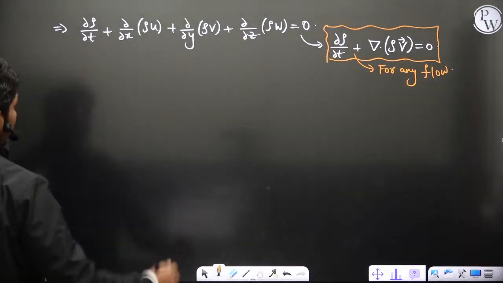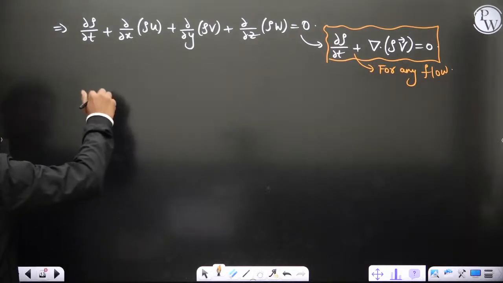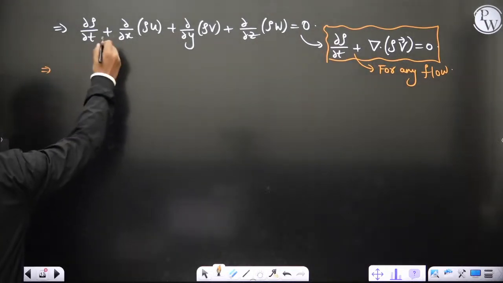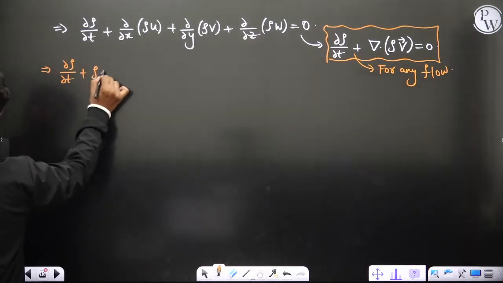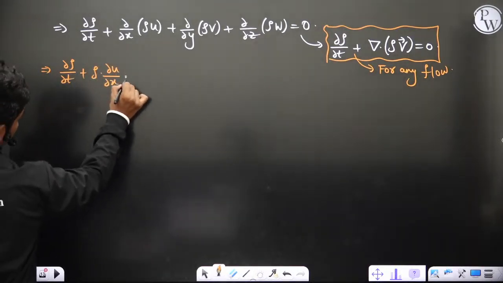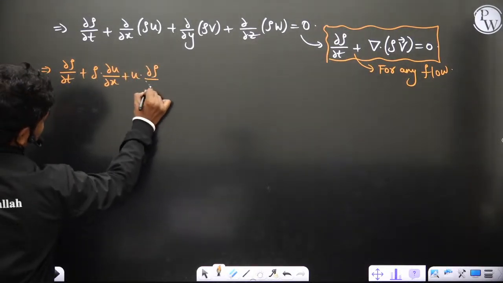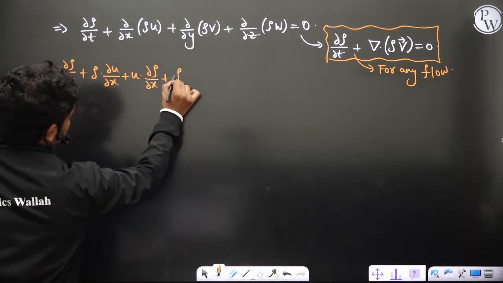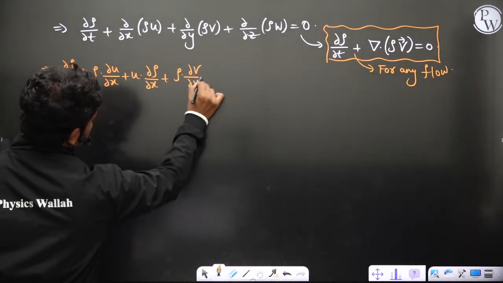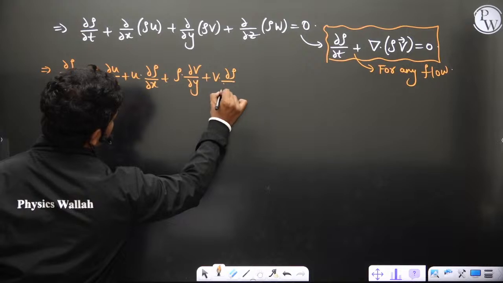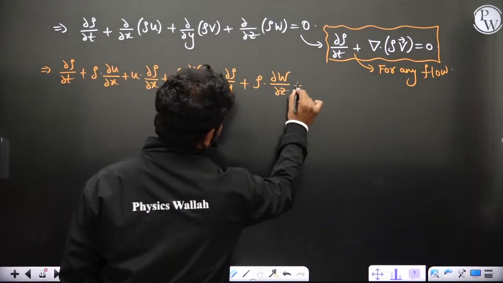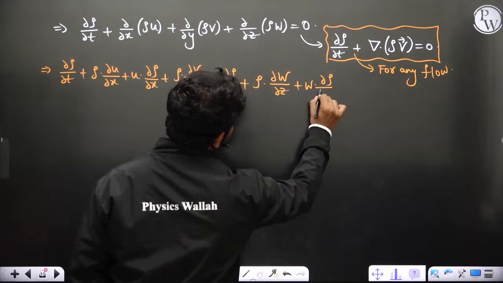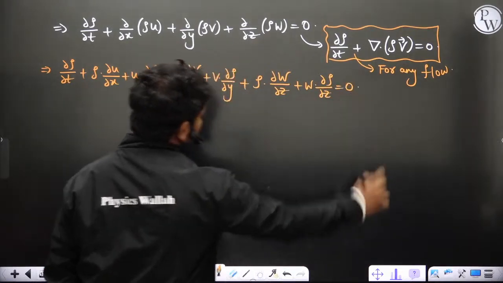Now you can also understand one more thing from this. If you expand these three terms, you have first function into derivative of second function plus second function into derivative of first function, plus dou rho by dou y, dou w by dou z plus w times dou rho by dou z is equal to 0.